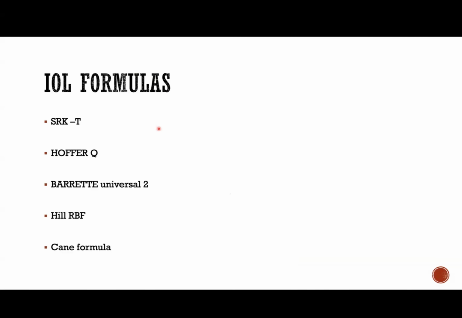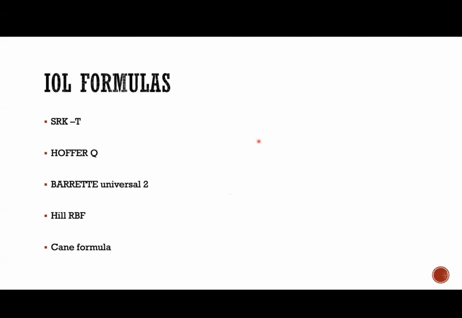Coming back to IOL formulas, there are a lot of formulas available. When we go back to the history, there were theoretical formulas, then it changed into regression formulas, then it was taken up by Vergence formulas, and nowadays it is basically AI-based.